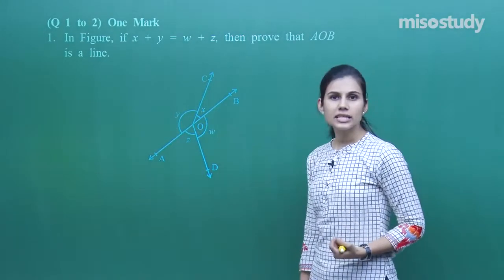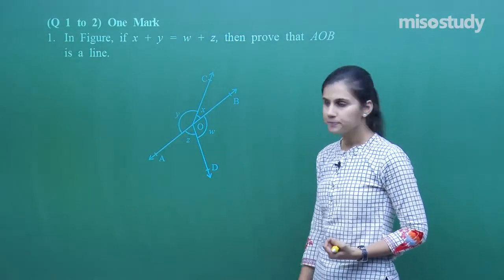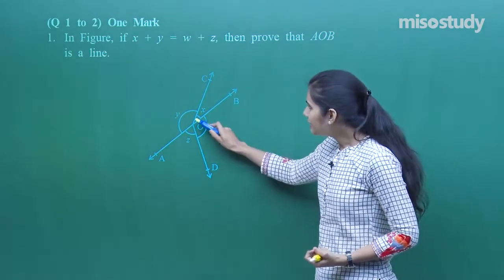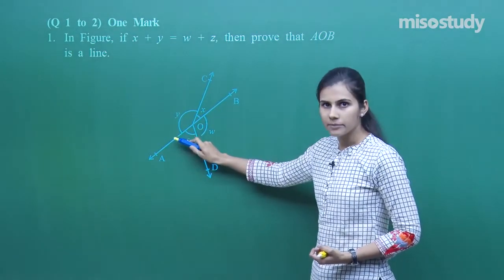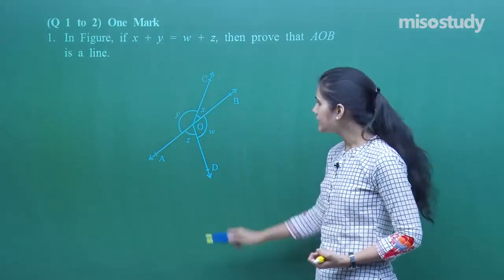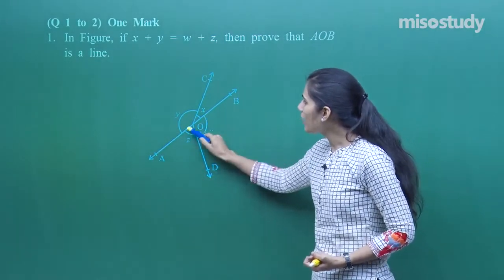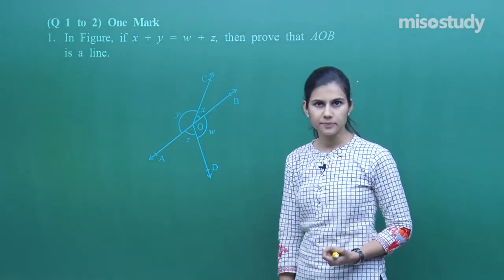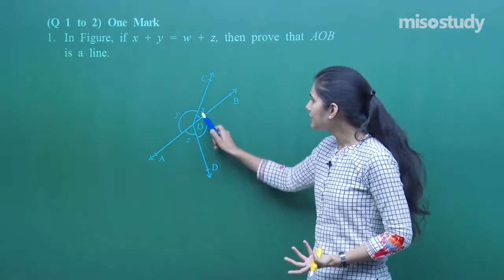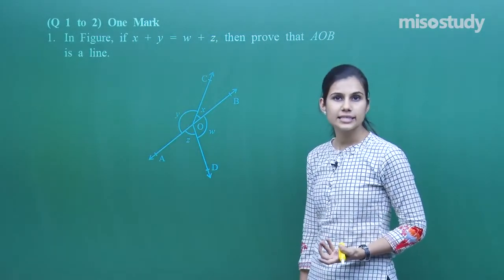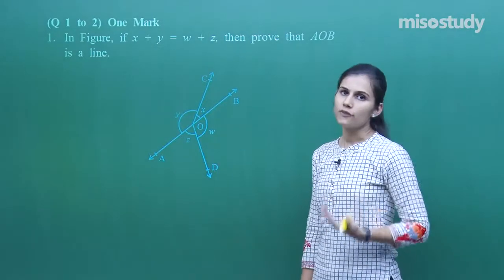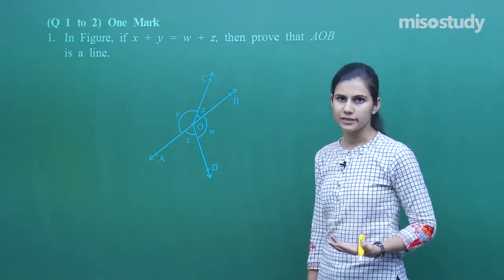X and y obviously are adjacent angles because they have a common arm, OC ray, and the uncommon arms are opposite to each other, or in other words, the uncommon arms of x and y are forming a straight line. So either I can say AOB is a straight line, or I can say show that the uncommon arms of the two adjacent angles x and y are opposite to each other or are forming a straight line. It's one and the same thing.